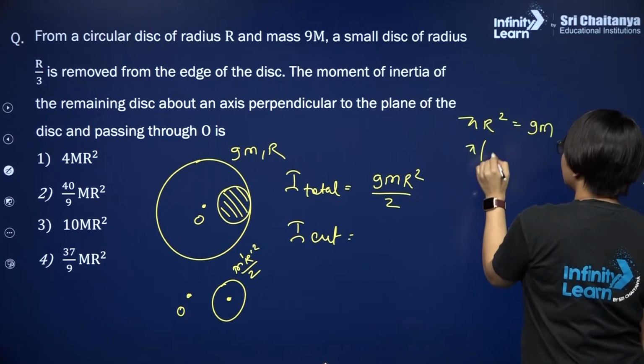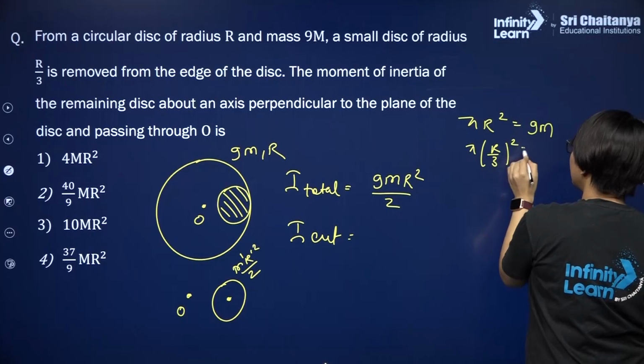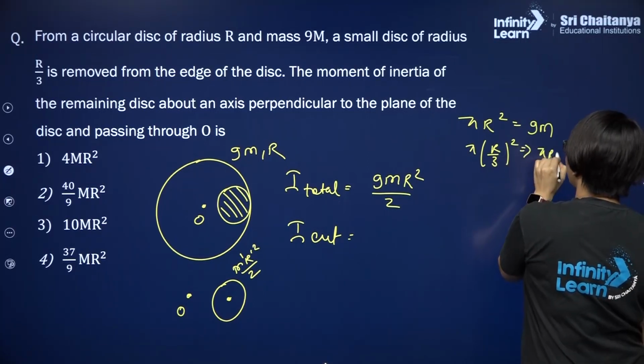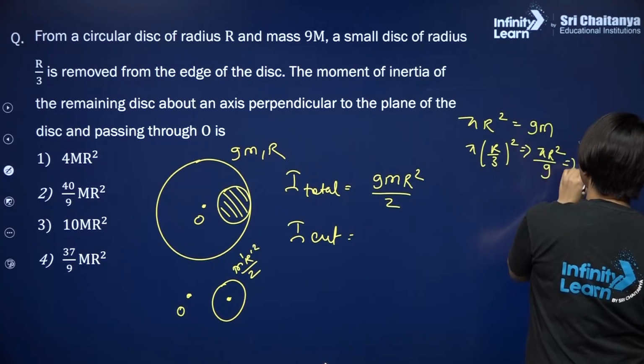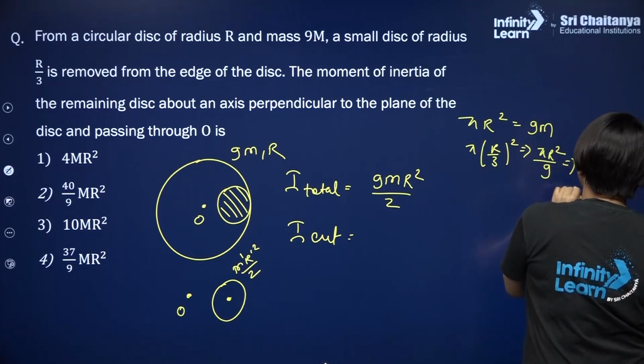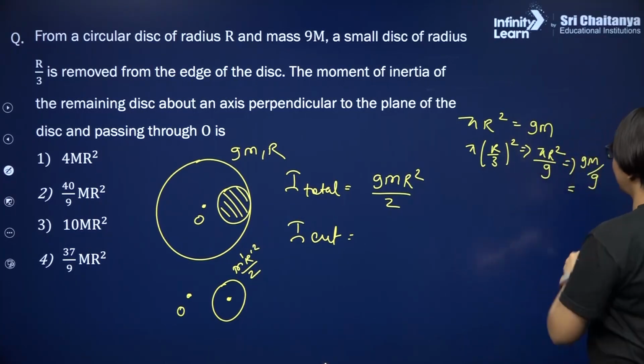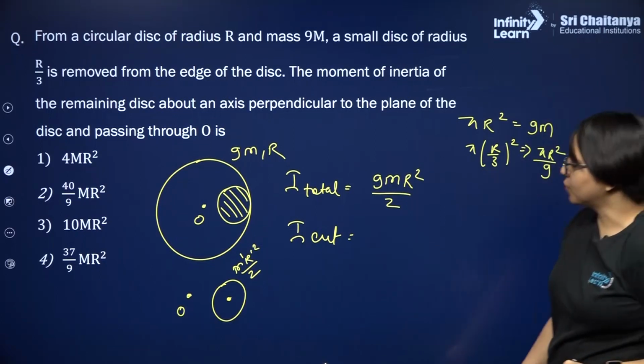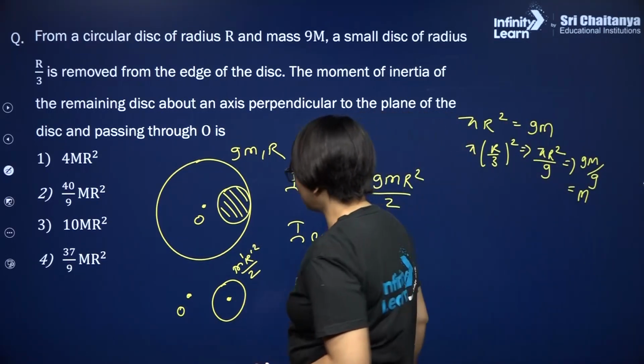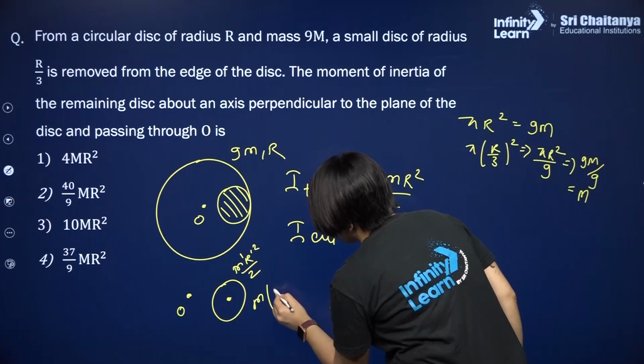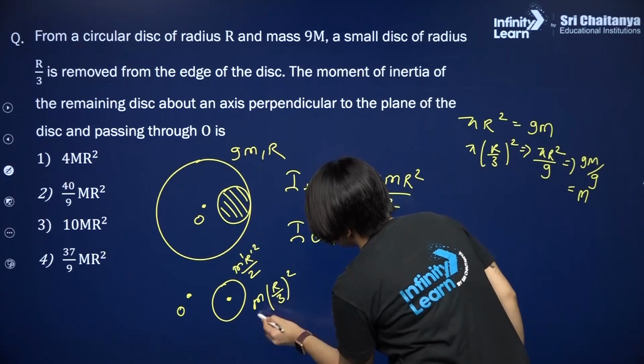So for pi r by 3 whole square area, that is pi r square by 9, the mass will be 9m by 9. So the mass will be m. So m will be the mass of this removed portion over here. So it is m r by 3 whole square by 2, right.